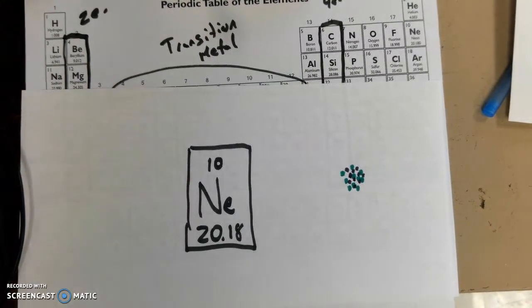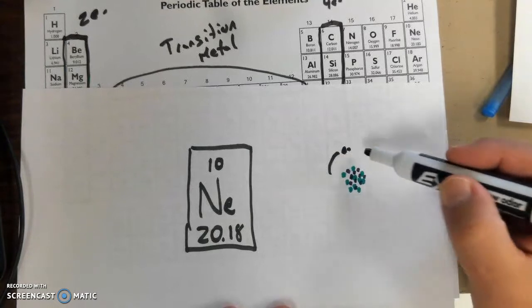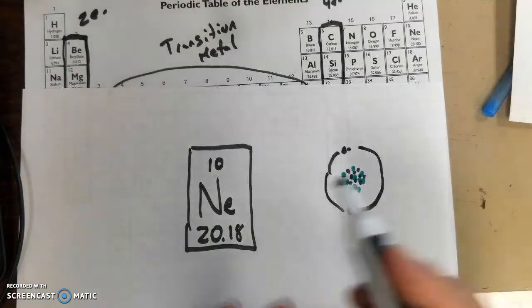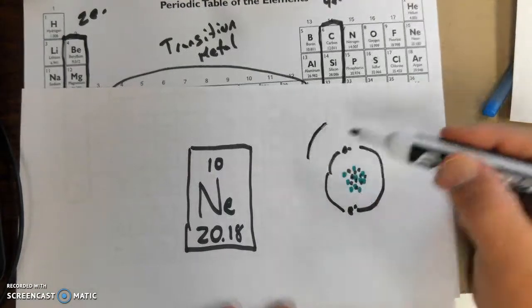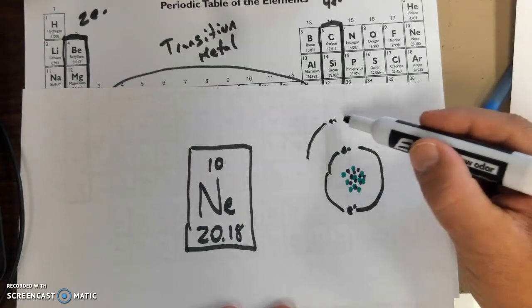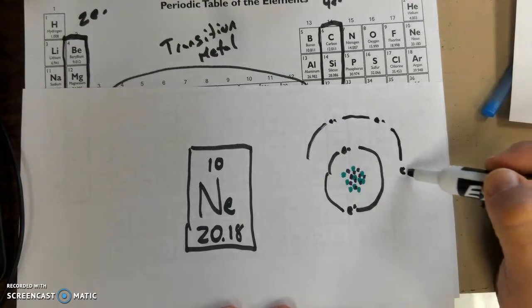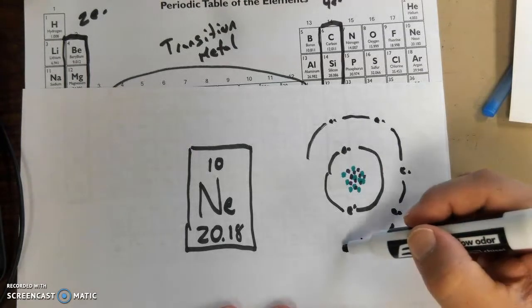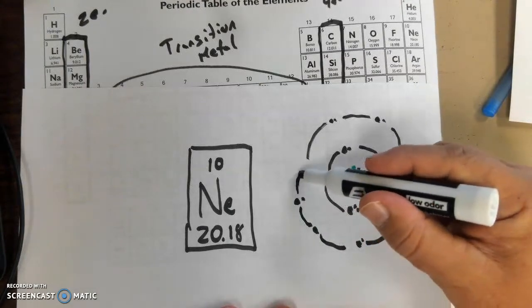Okay, now, just like always, that first inside shell fills up with 2 electrons. And what does 10 minus 2 equal? It equals 8. 1. No more room in the inside shell. 2, 3, 4, 5, 6, 7, 8.